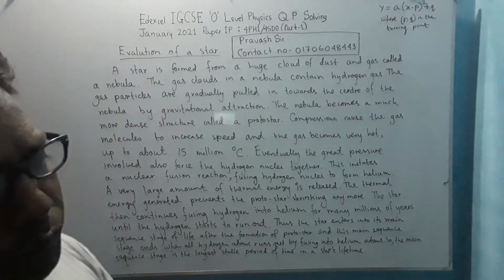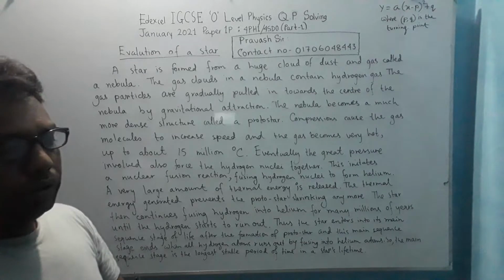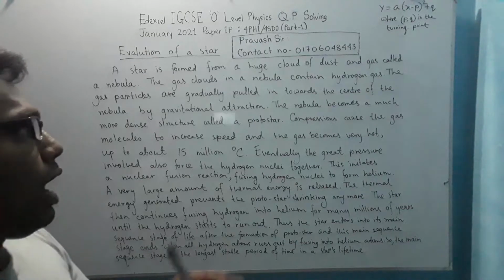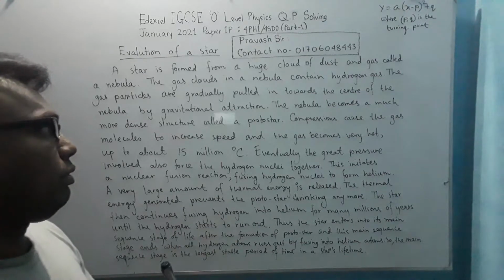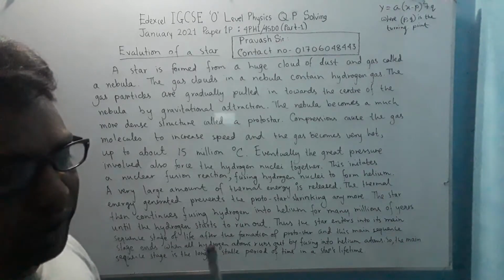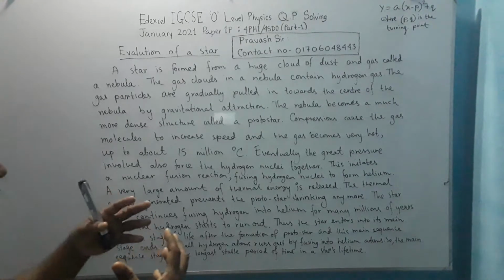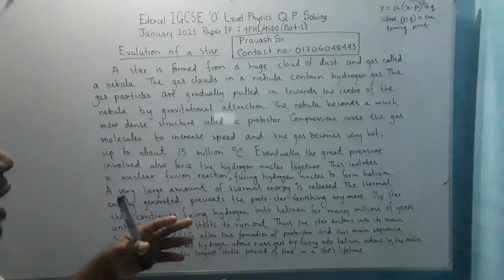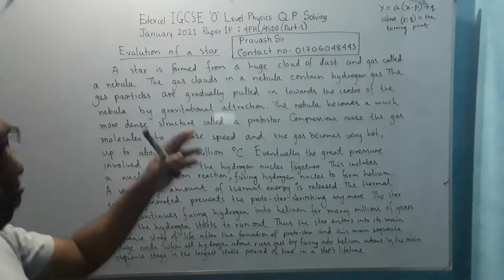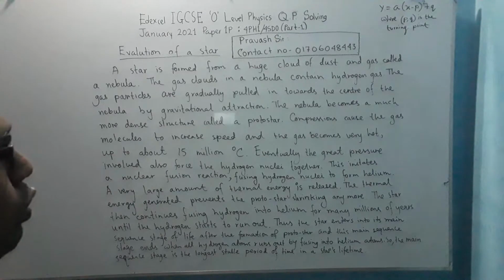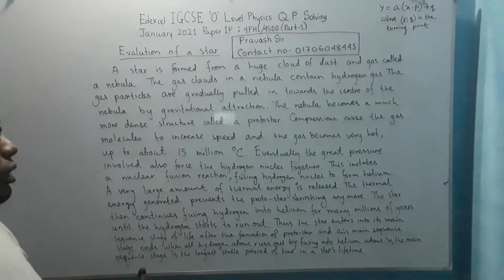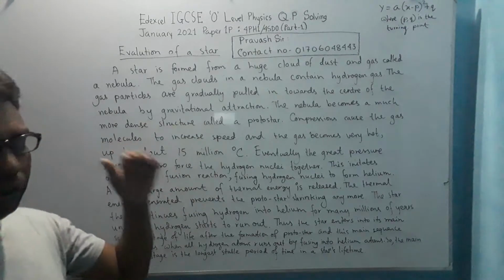When these gas particles become closer and closer and the amount of gas is much greater, these dense gas particles are called a protostar. This is the first stage of a star, the protostar.